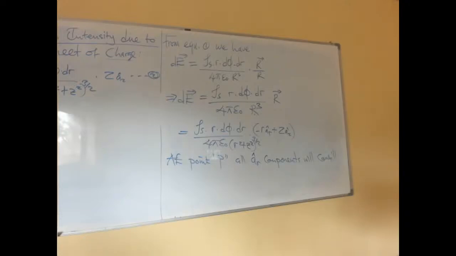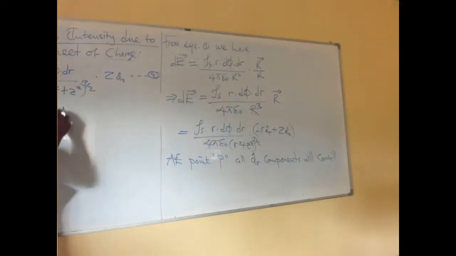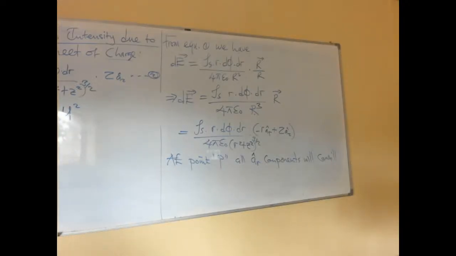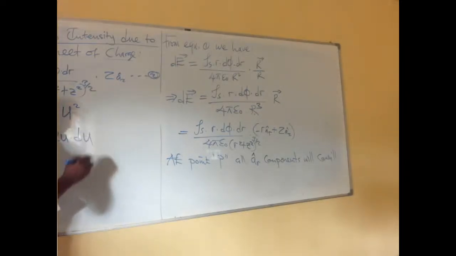Now, we put r squared plus z squared being equal to u squared. This means that 2r dr must be equal to 2u du, as simple as that.